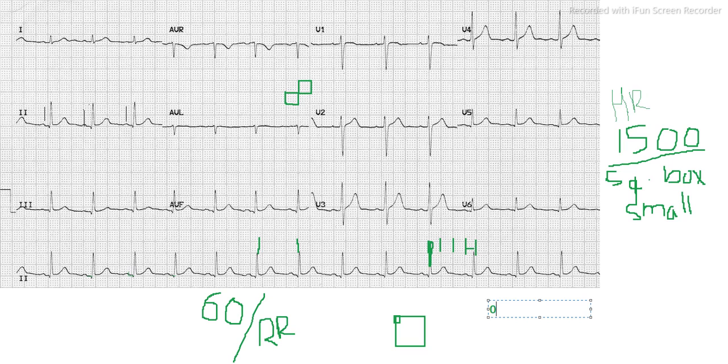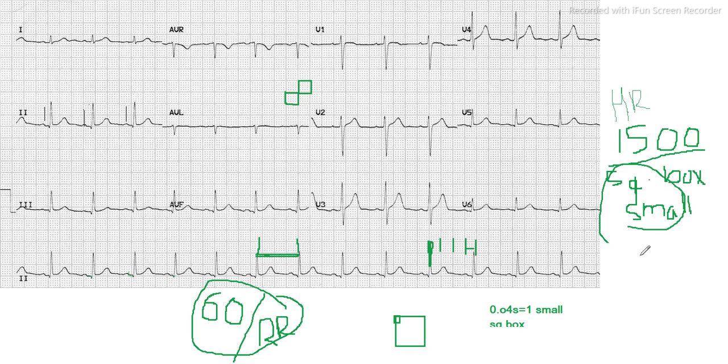So in this formula, 60 divided by the RR interval, you find how many small square boxes are inside the RR interval and multiply by 0.04. Suppose, in this case, we found 18.